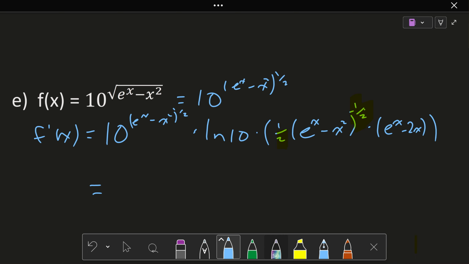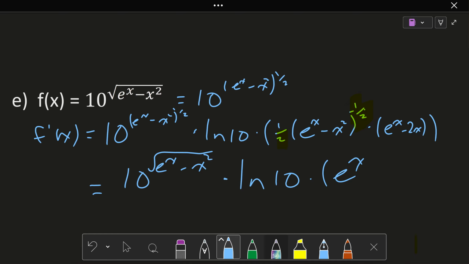So what does my numerator look like? Well, that's going to have my 10 to the power of the square root of e to the x minus x squared, I'll write it back in radical form, times ln 10, times e to the x minus 2x.